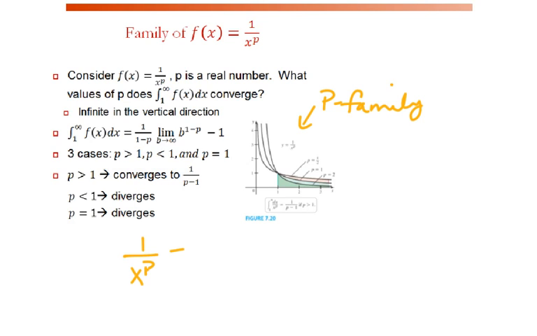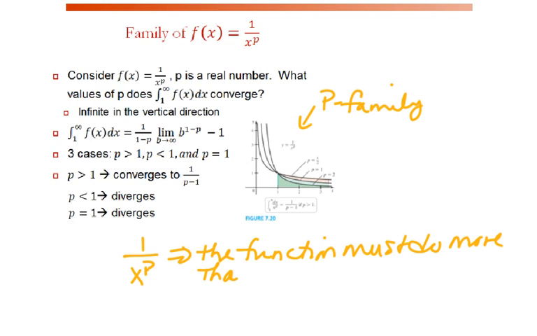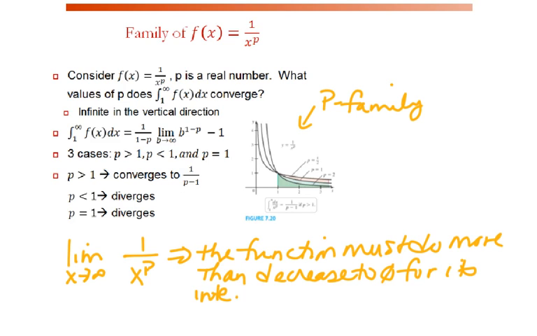So with 1 over x to the p, the function must do more than decrease to 0 for its integral to converge. I'll show you this in a minute.